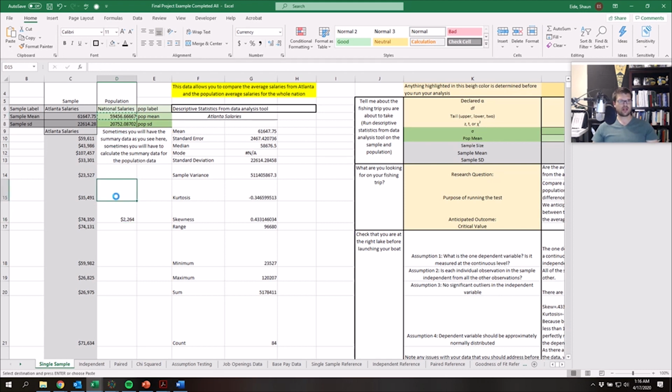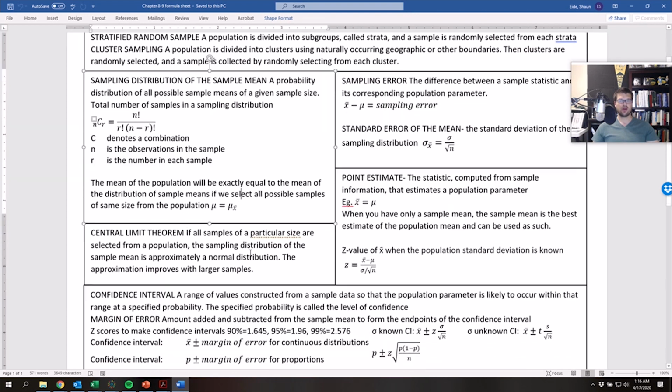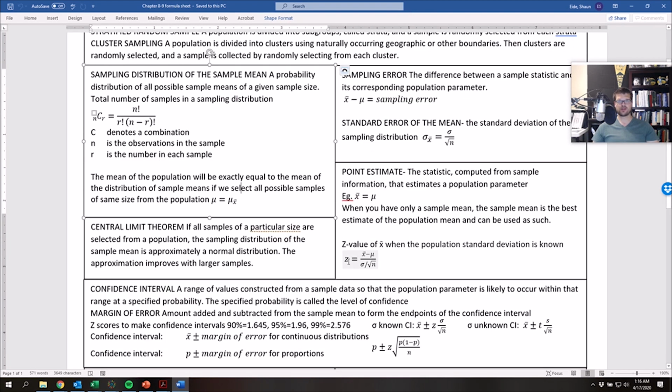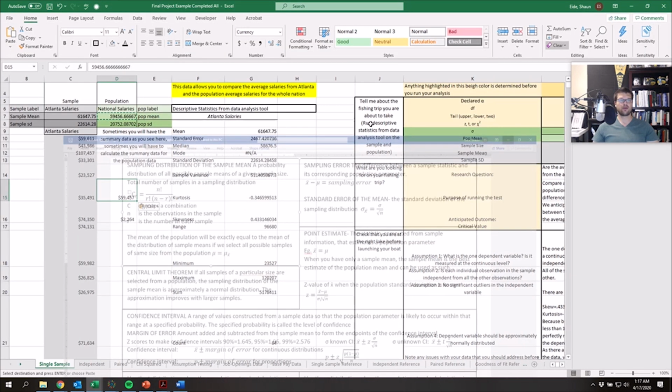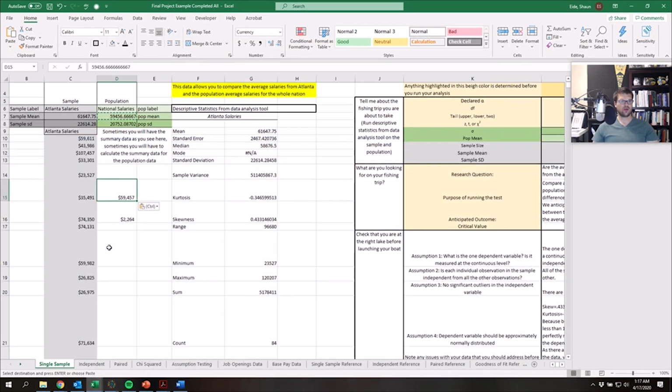So now the question is, what is the z-score? We've got this information right here, and now we need to calculate the z-score. This is how we calculate it: the z-score is the average of the sample minus the population, divided by the standard error. So we're going to do equals 61,647.75 minus 59,457.